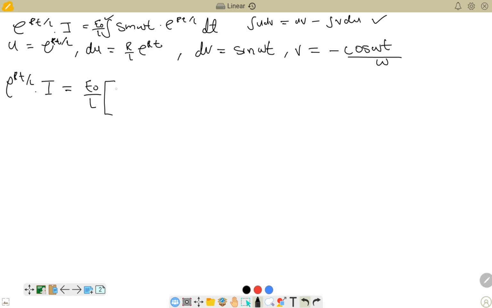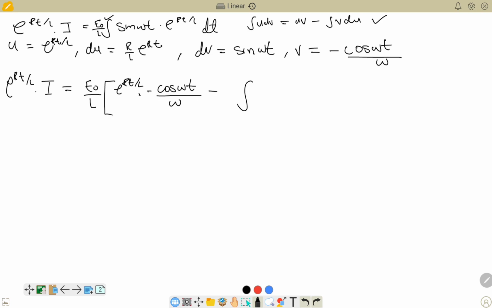My U is e to the power Rt over L times, what is my V? It's minus cos Wt over W, minus the integral. So let's write this integral here. So my integral is V dU.